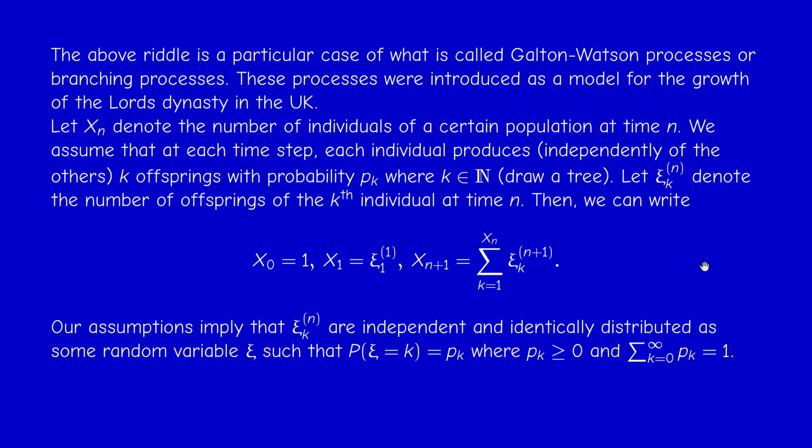Now, all these psi kn are actually IID, and they have distribution pk. So I call psi a model random variable having distribution pk. So all psi kn have the same distribution as some model random variable that I call psi.